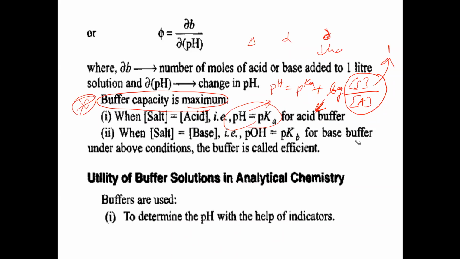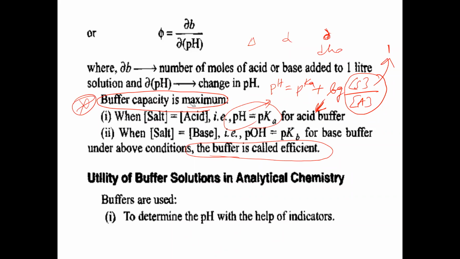So here it is for a basic buffer. Under the above conditions, the buffer is called the most efficient buffer. A buffer is called efficient if the buffer capacity is maximum.